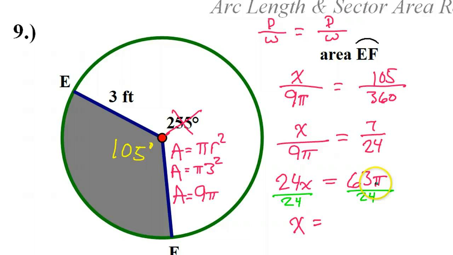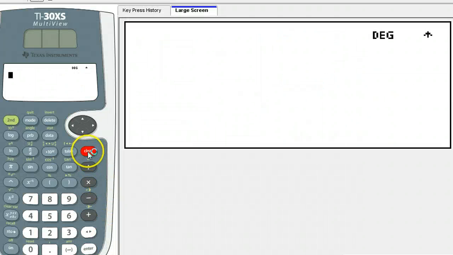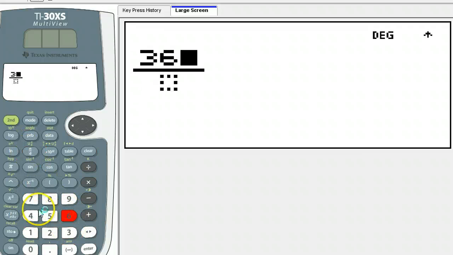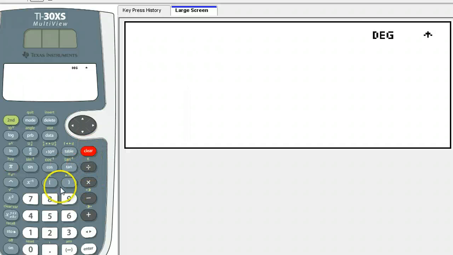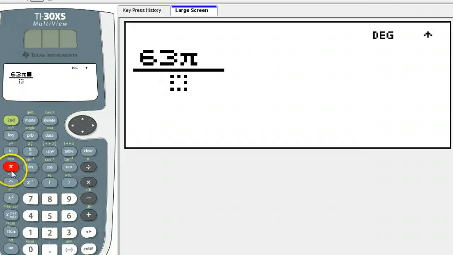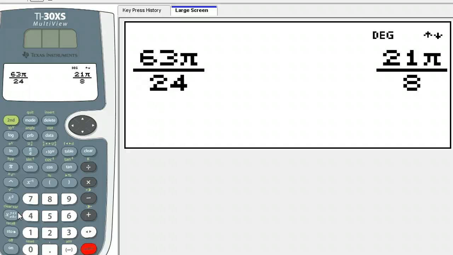So 63 pi over 24. Why did I put 36? Let's try that again. I meant to put 63 pi over 24. So that's 21 pi over 8.